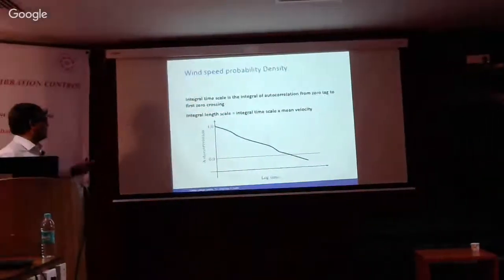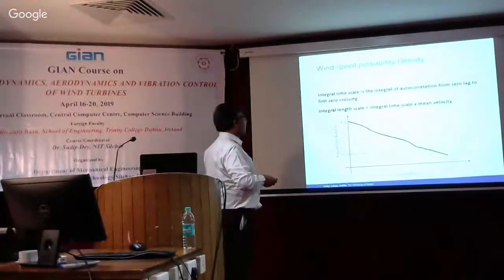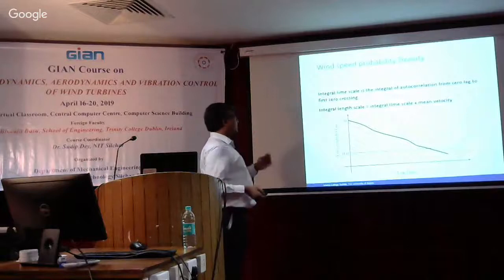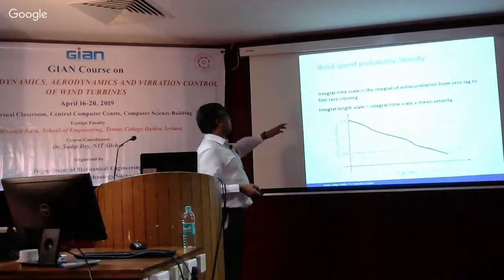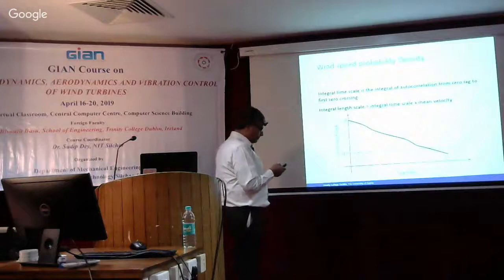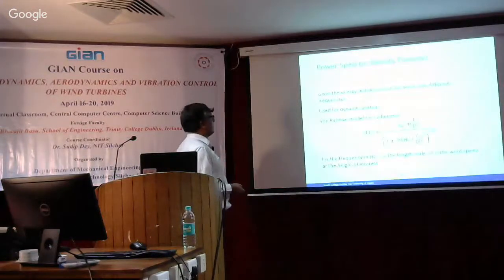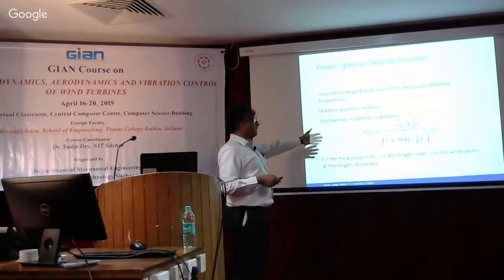So that's why the integral length scale is equal to the integral time scale multiplied by the mean velocity. To get that, if you have the wind data, and you do an integral of the autocorrelation from zero lag to first crossing, that gives us the integral time scale. And if you know the integral time scale, and then the length scale, we can use von Karman's model for turbulence, which is given by this expression here.